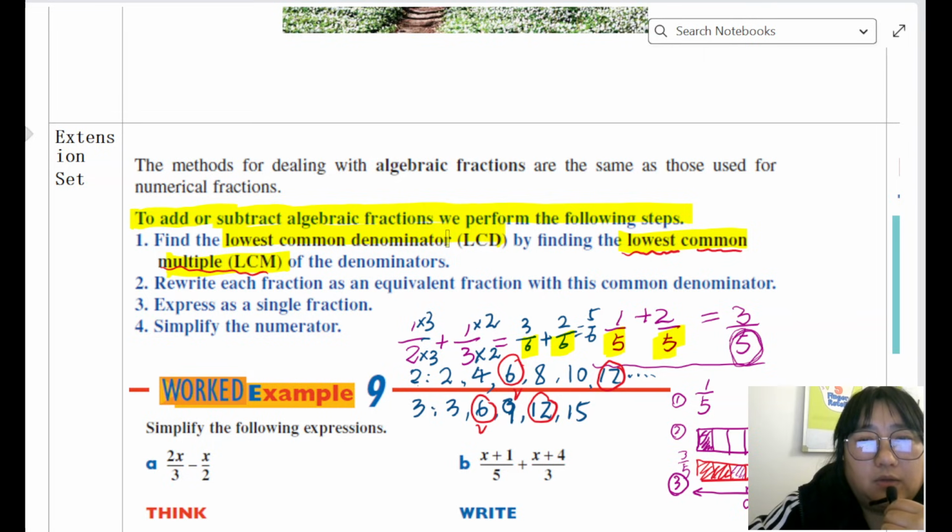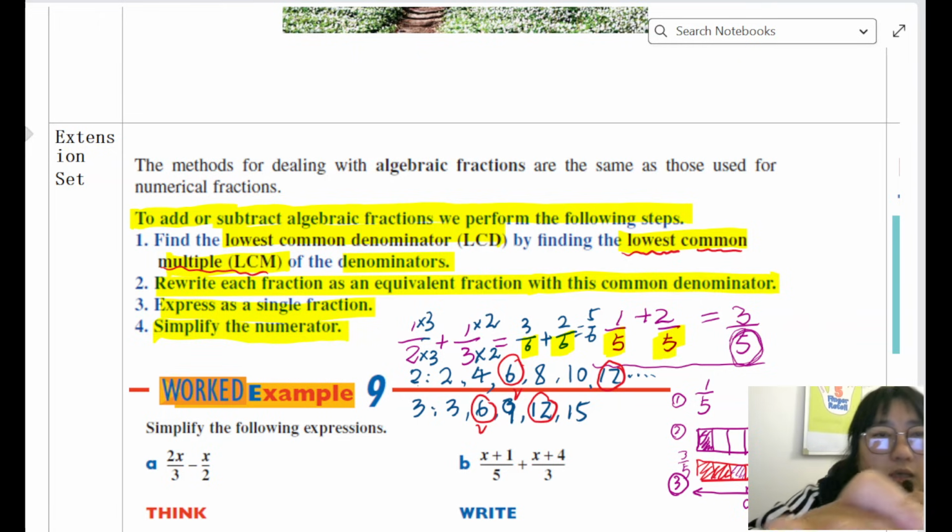First, find the lowest common denominator, which means finding the lowest common multiple of your denominators. Second, rewrite each fraction as an equivalent fraction with this common denominator. Then we can express it as a single fraction and simplify the numerator.